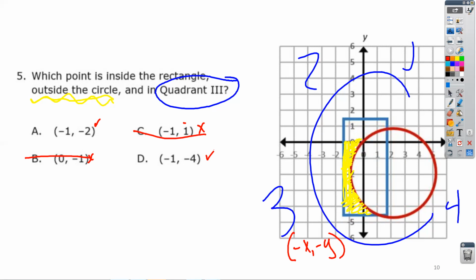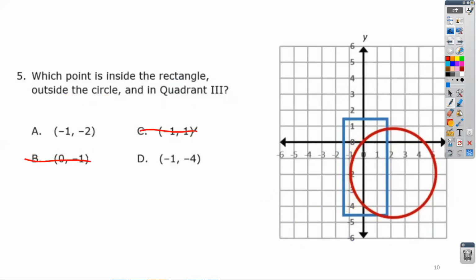So if I go to negative 1, which is right here, and then negative 2, so 1, 2, that's kind of hard to see, so I'm going to erase it. So I know those 2 are out. Negative 1 and then 1, 2 is right here. And then if I look at D, negative 1, then 1, 2, 3, 4.